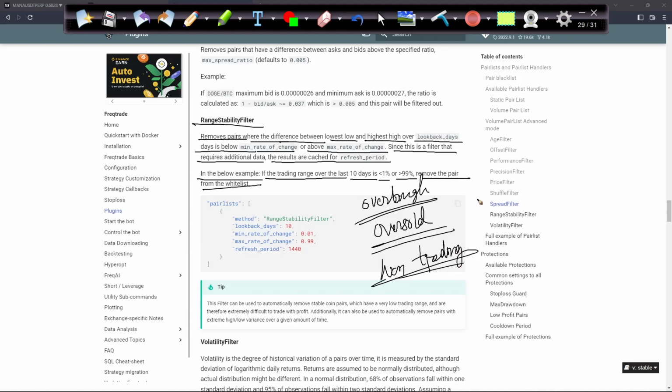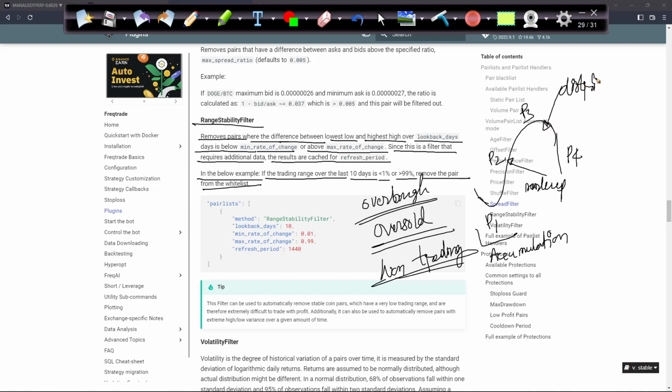So in the Wyckoff price cycle, what we have is, see here, this is our phase 1, this is phase 2, phase 3, and this is phase 4. So this is accumulation, this is the markup phase, this is distribution, and this is the markdown phase.